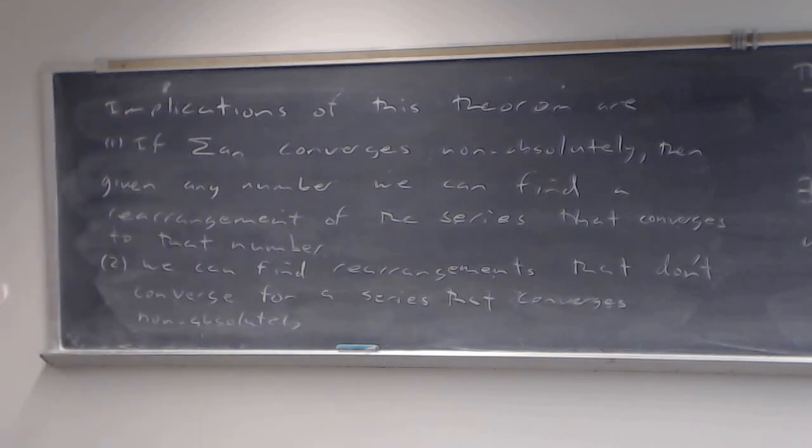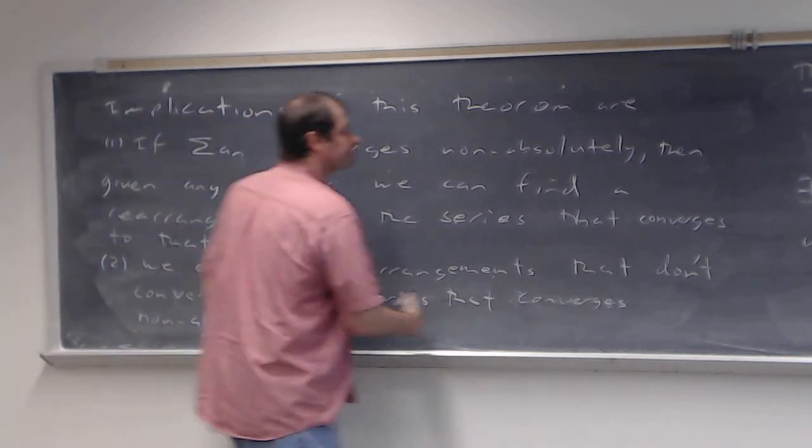Okay, so you give me some series that converges non-absolutely, and I can do a rearrangement of it, and it won't even converge.